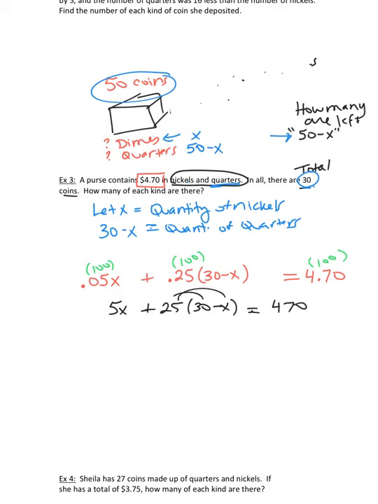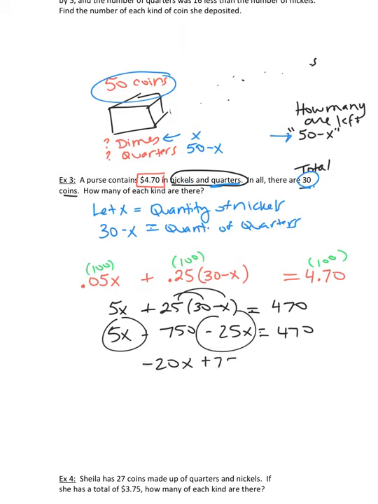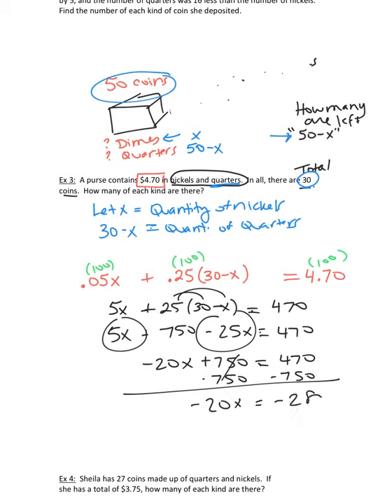And then we're going to distribute. So we're going to have 5x plus 750 minus 25x equals 470. I'm going to combine like terms. 5x minus 25x is negative 20x plus 750 equals 470. Subtract 750 on both sides. I have negative 20x equals negative 280.